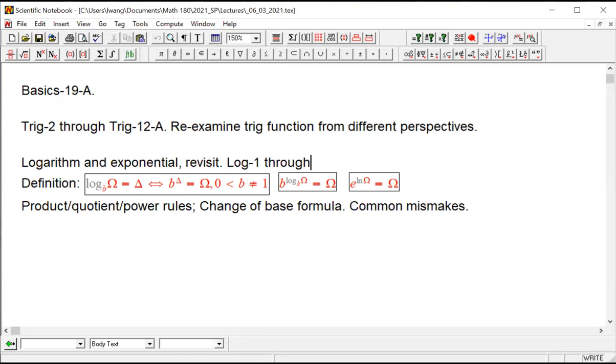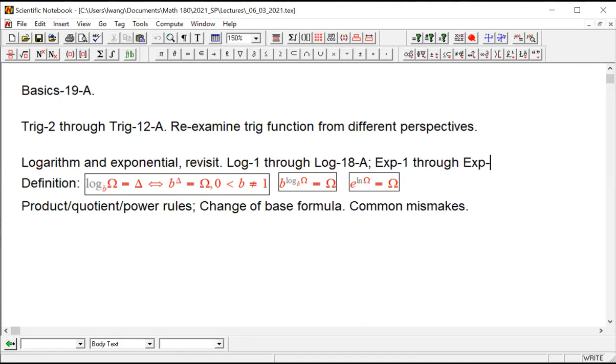And we did transformation. I would say log all the way up to 15, 16, 17, log 18a. Along the way, exp 1 through exponential.